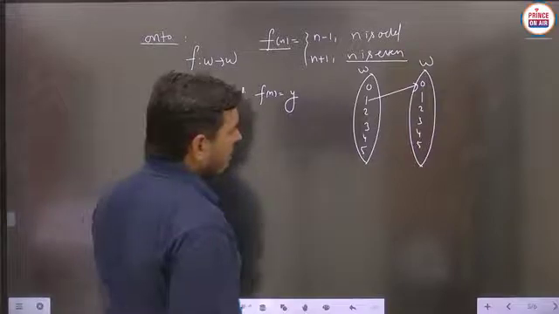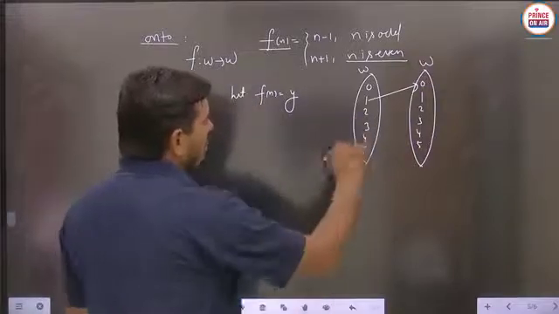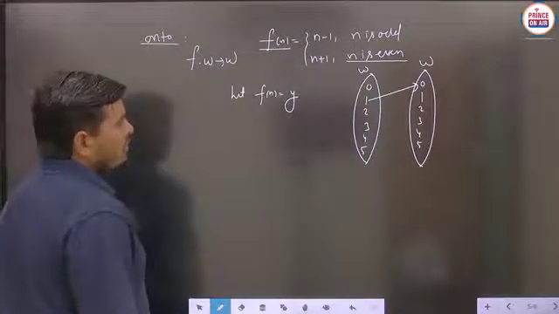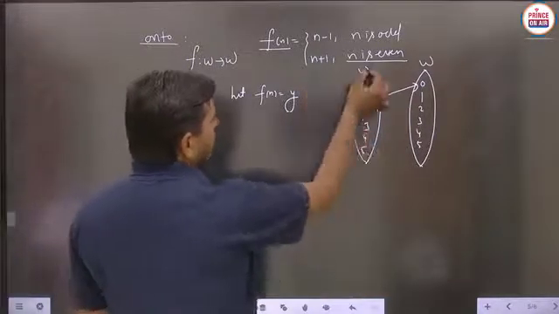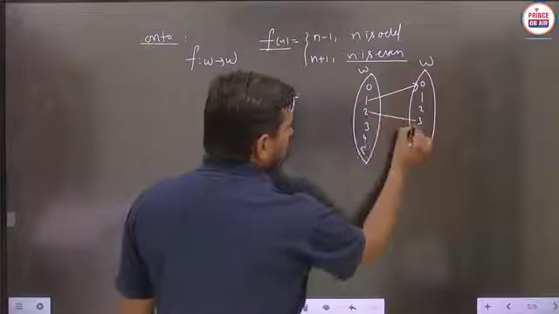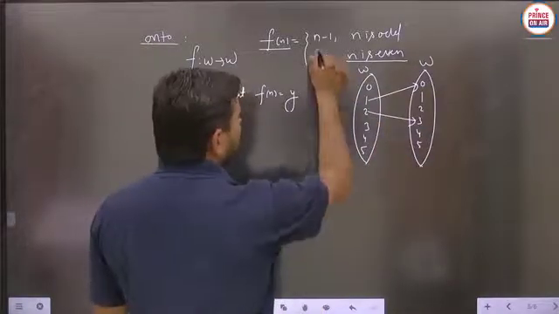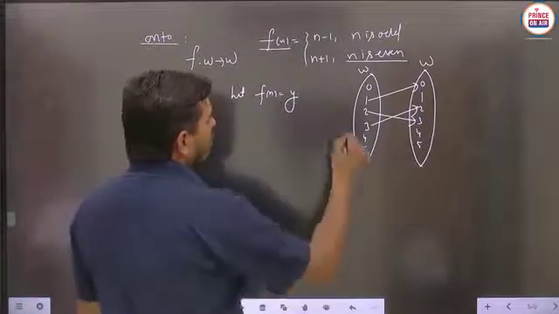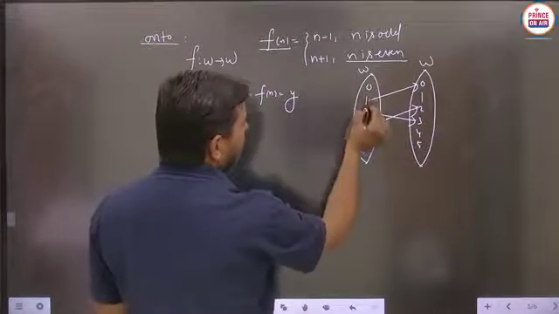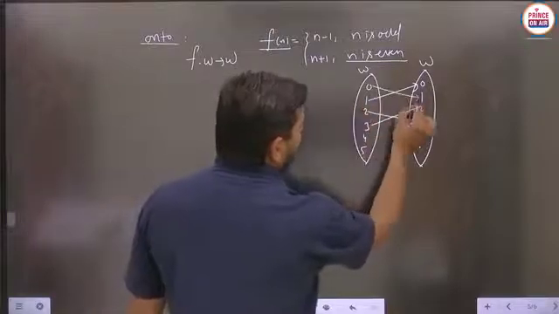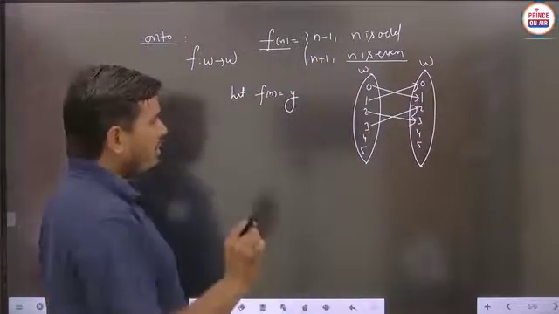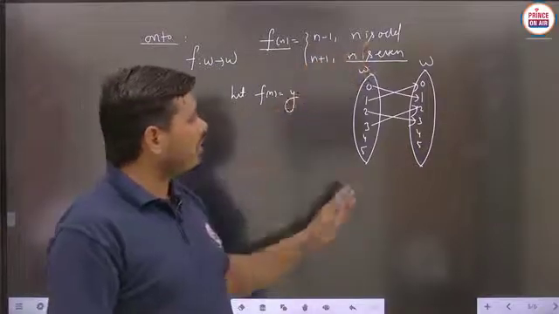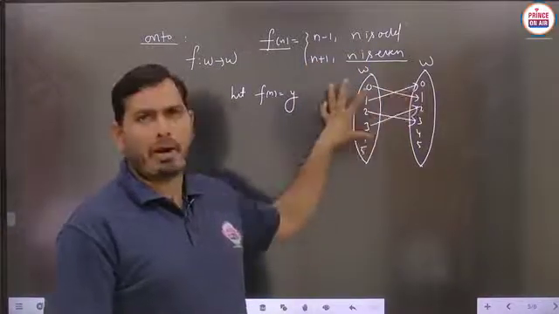Next, suppose we take 2 here, then 2 belongs to the 3. Next we take 3, then 3 minus 1 will be 2. Suppose we take 0, then 0 belongs to the 1, according to the definition. Either an even number is taken, then we use this definition, or an odd number is taken, then we use that one, so each and every number will be occupied here.